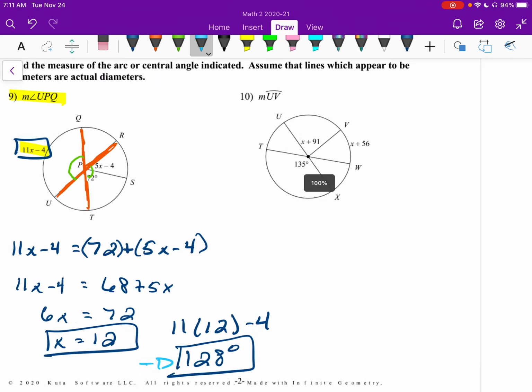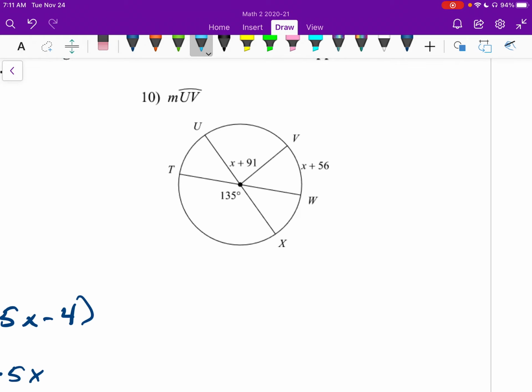All right, next up. So I'm trying to find UV. That's going to be this here. So I know that after I find my x, I'm going to plug into x plus 91. Again, I think I'm going to be able to use that same trick with the diameters and the vertical angles. Here's a diameter. Here's a diameter. So I know that this guy and this guy are equal.